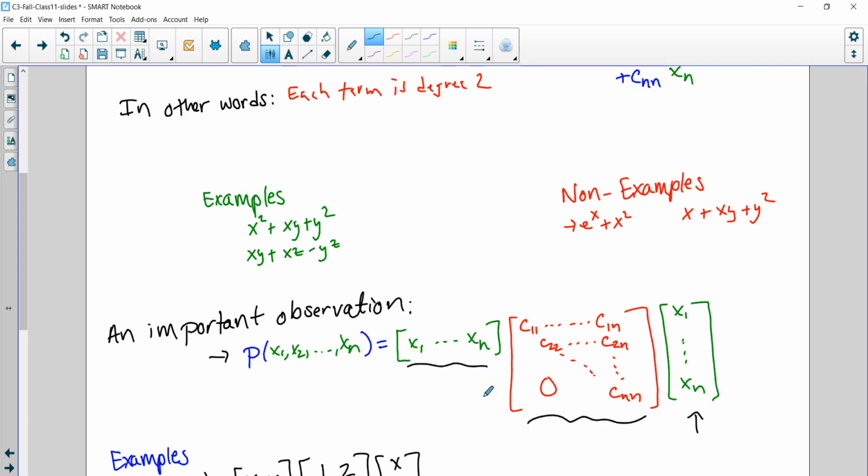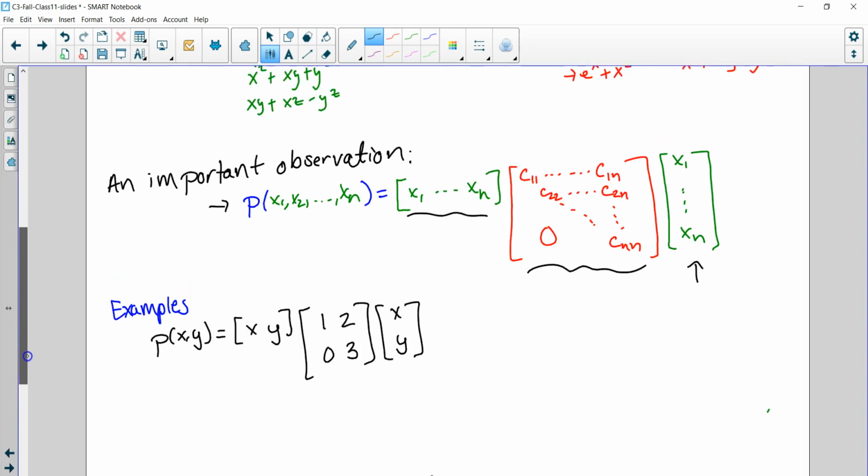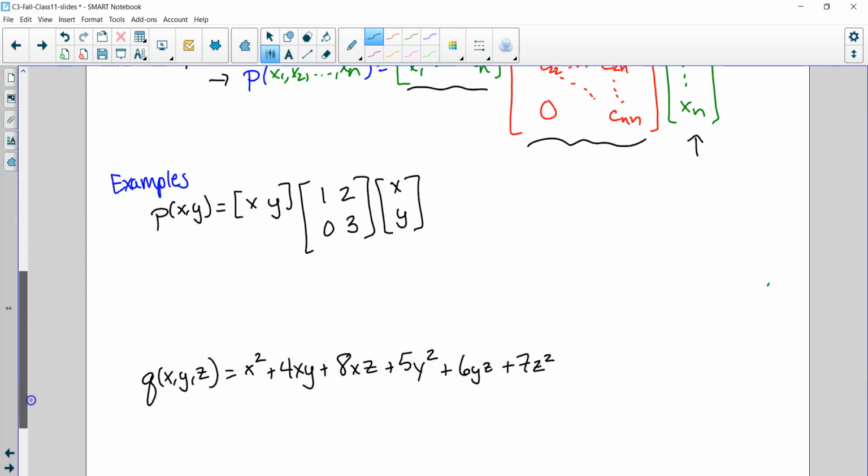Matrix multiplication makes this work out nicely, and that's a useful thing that we might use later on. Here, in our first example.